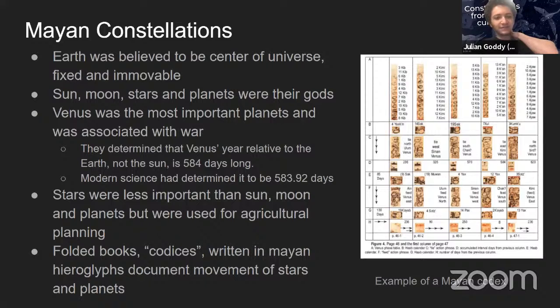So they believed that the Earth was at the center of the universe and it was fixed and immobile, and that the moons, sun, planets, and stars were their gods.